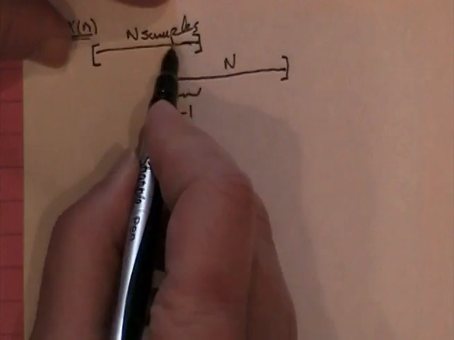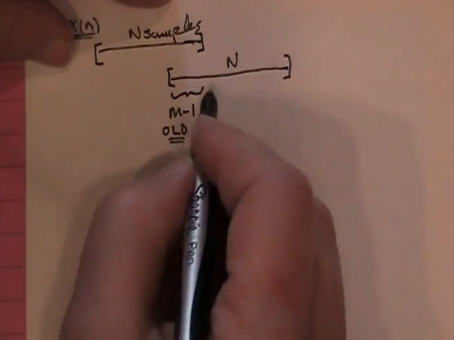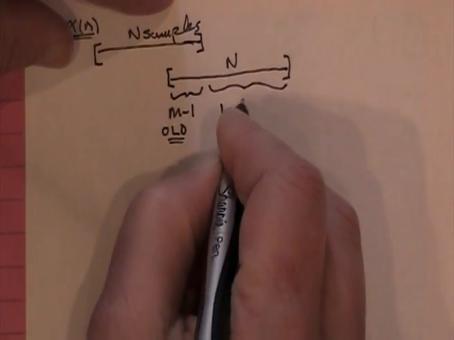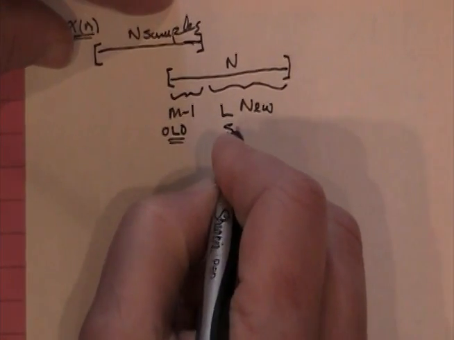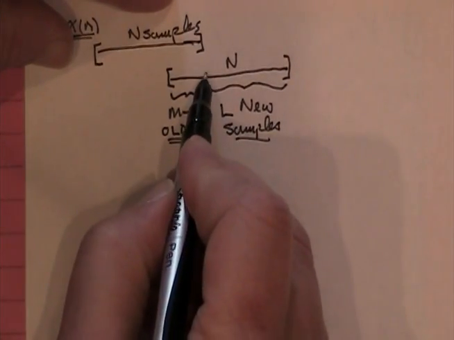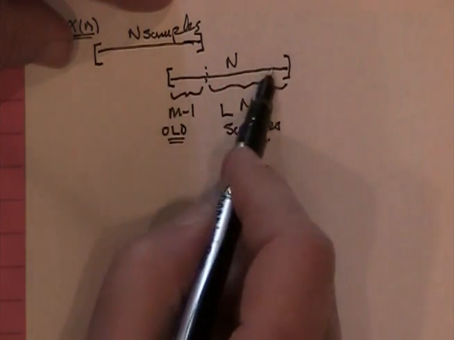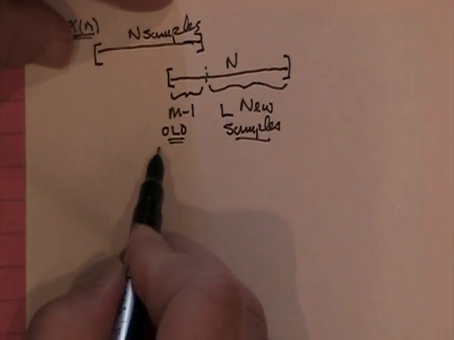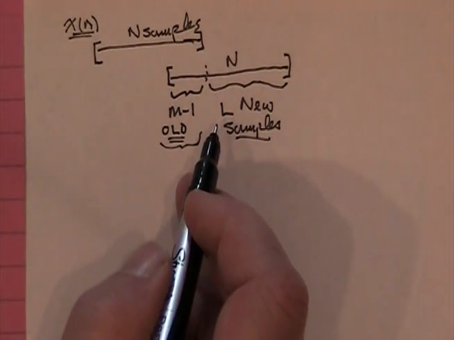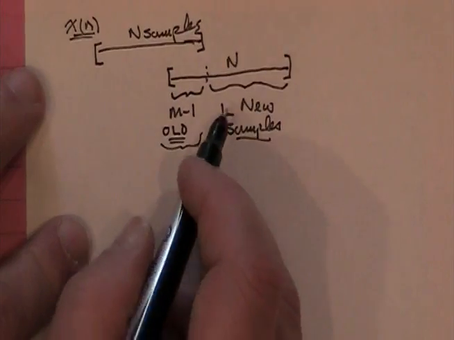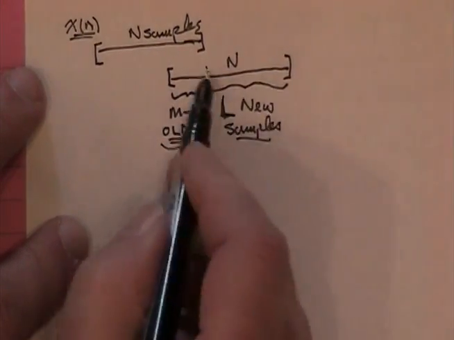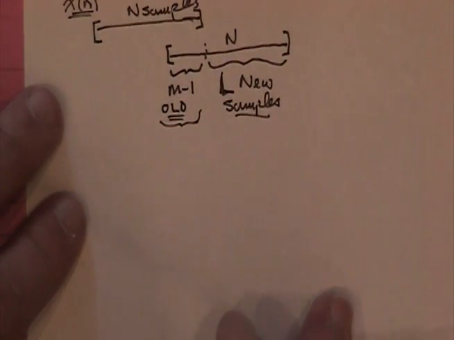These blocks have to overlap each other, right? And I have a total here of L new samples. So I think of this n sample block being composed of old data, because I know some of my answers are going to be messed up, and then my new samples, a total of L values, to get the FFT size that I'm using in the array.